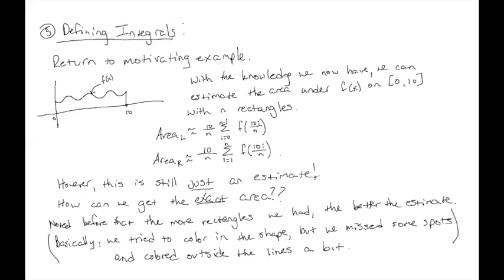Right, this is basically what happened, right? We tried to throw some rectangles in here, and no matter how many rectangles we get in here, we're always going to sort of be missing stuff, or we're going to get some extra stuff, right?